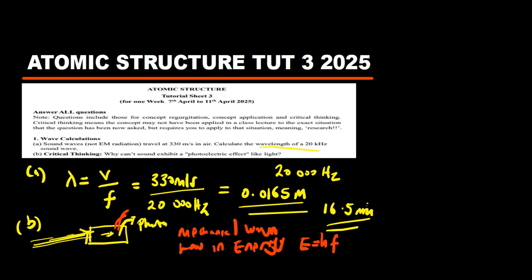Planck's constant is about 6.63 times 10 to the power negative 34, and you are multiplying that by the frequency, so that would be very low in energy. Hope we are good. Let's proceed to the next question.